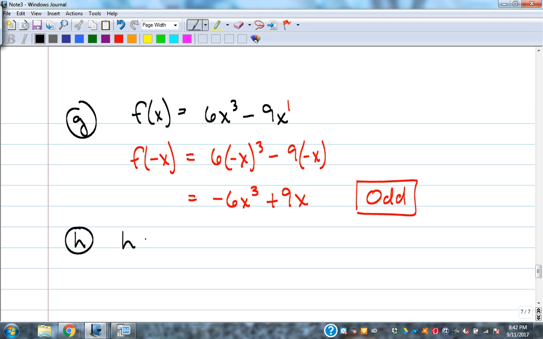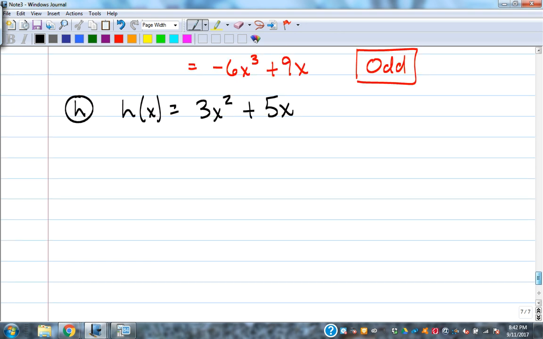Like this. Here's a function, 3x squared plus 5x. If I do the real test and plug in a negative x, as a math teacher, I have to show you this, but I want you to learn the shortcut. This one becomes 3x squared.